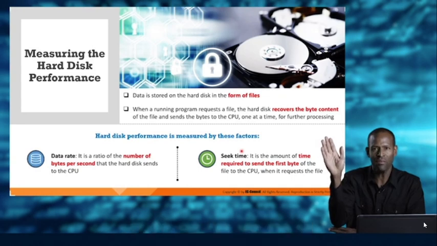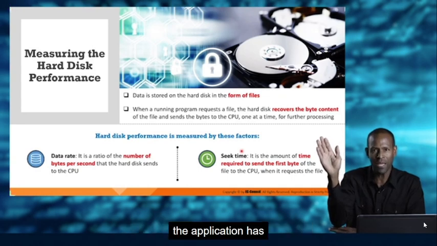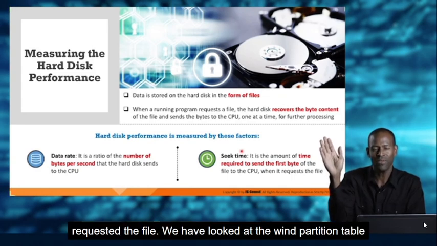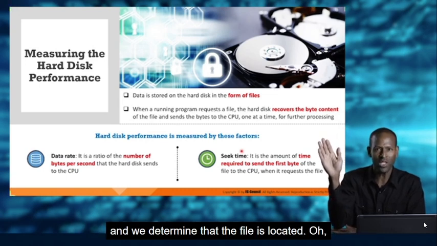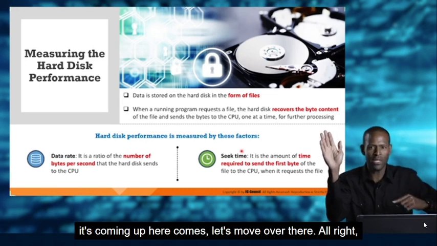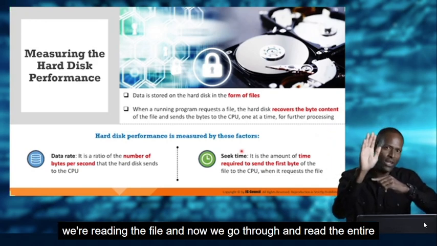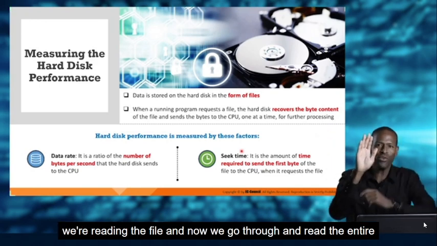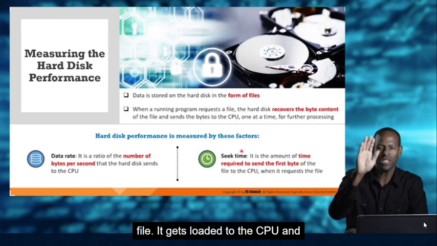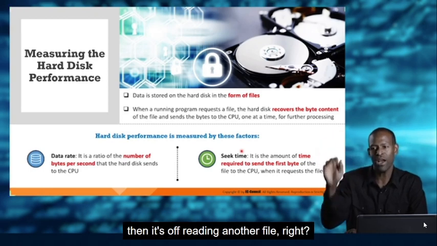So here we go. The application has requested a file. We've looked at the GUID partition table and we determined where the file is located. Here it comes, let's move over there. All right, we're reading the file, and now we go through and read the entire file. It gets loaded to the CPU, and then it's off reading another file, right?